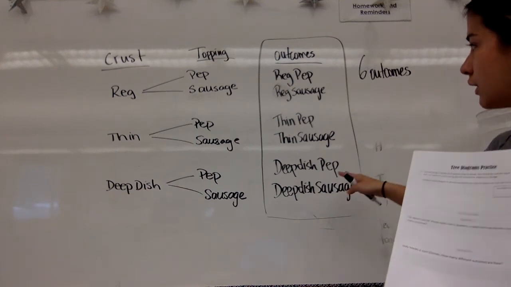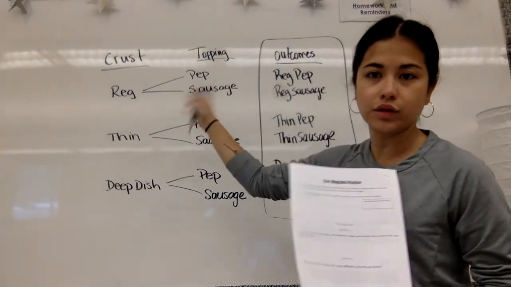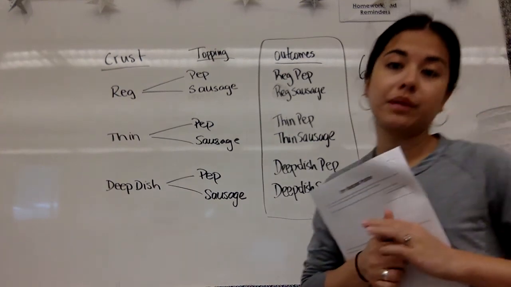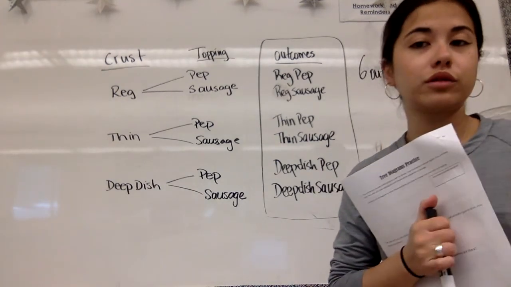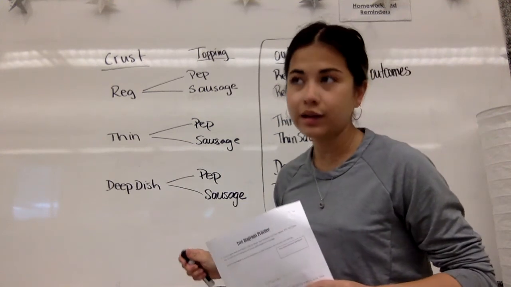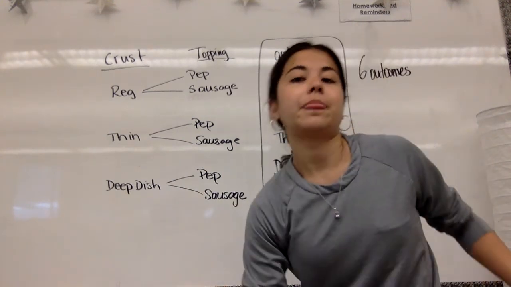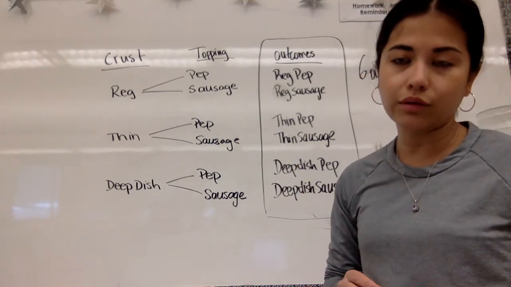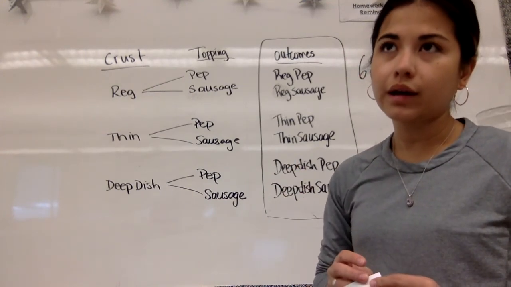Okay? So then you know, now that I have this, I don't really need to look at my tree diagram anymore. Okay? I know that some people might say, I don't need to do a tree diagram, I'm just going to do it in my head. Please, I know that some of these questions you might be able to do in your head, but please still do the tree diagram.